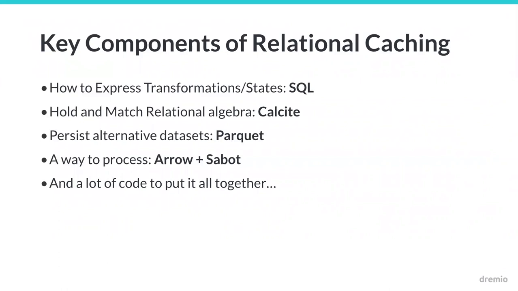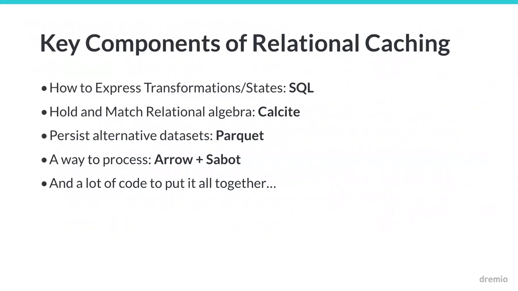The reflections themselves, the materializations, are persisted in Parquet. Parquet is also another Apache project, which provides on-disk columnar storage. And how we process the data is through a combination of Apache Arrow, which is the in-memory columnar format, and Sabot, which is Dremio's query execution engine.